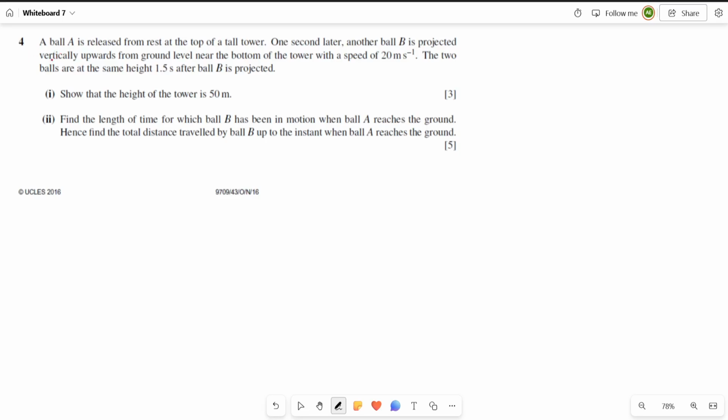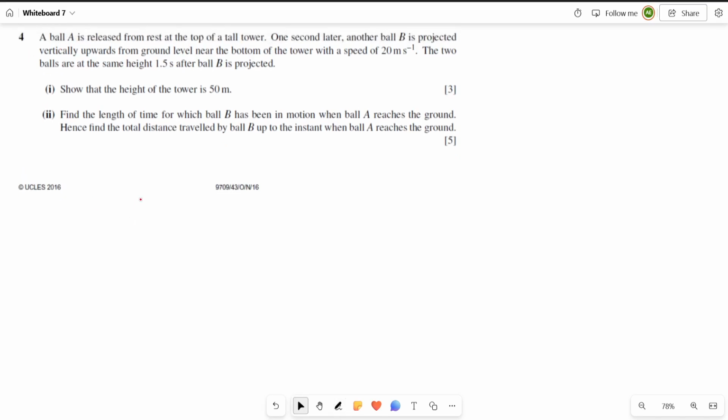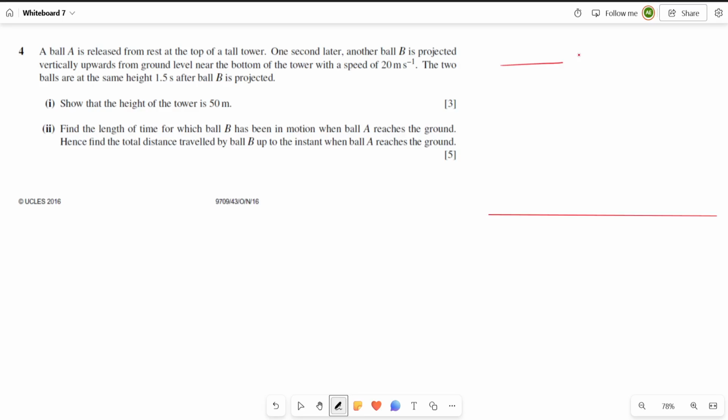First, let's see ball A. It says that ball A is released from rest at the top of a tall tower. So let's say this is a tower, and here is the ground. Ball A is released from rest, so U is 0 meters per second, and ball A is going to start to move downwards.